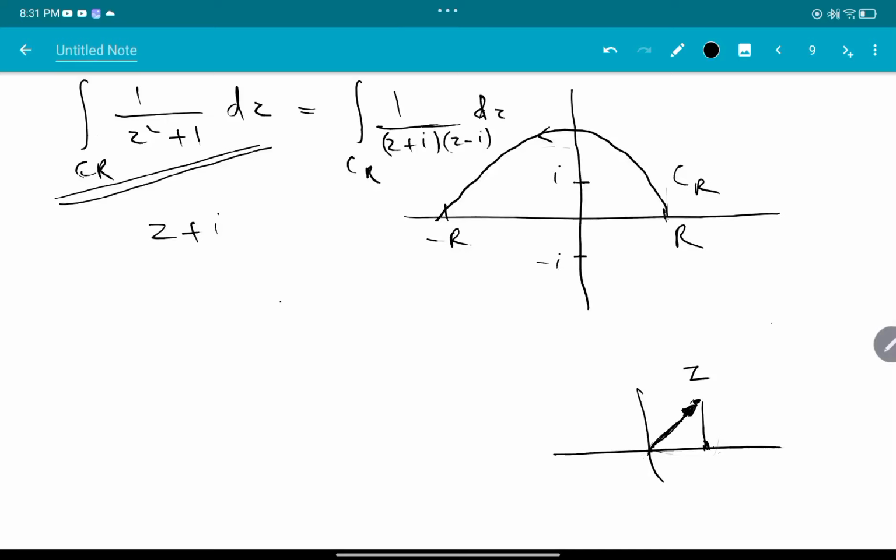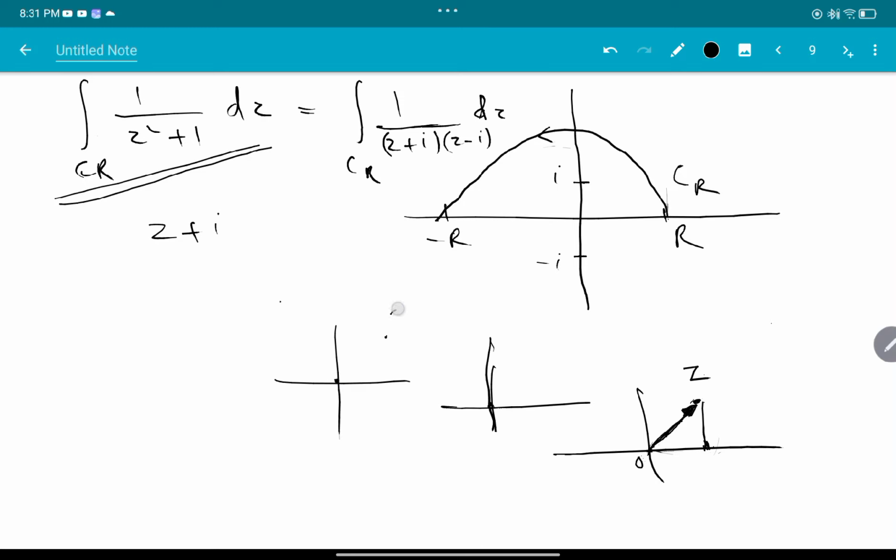We have this z. Now, what is i? Let me show. i is this, from 0. Every complex number is to be interpreted from the origin.